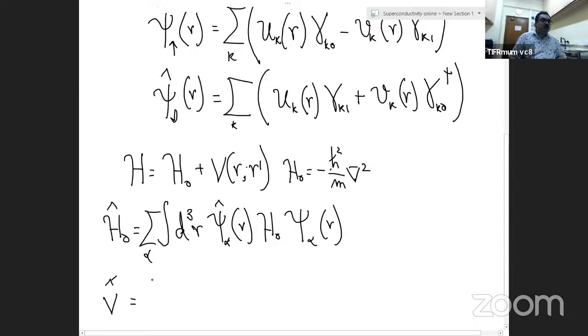So in the second quantized form, this will have four operators.